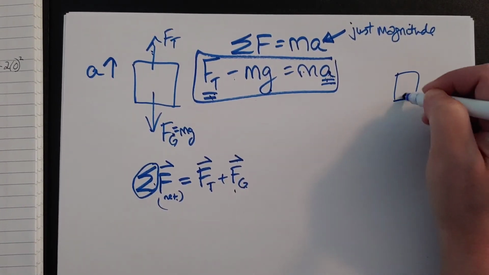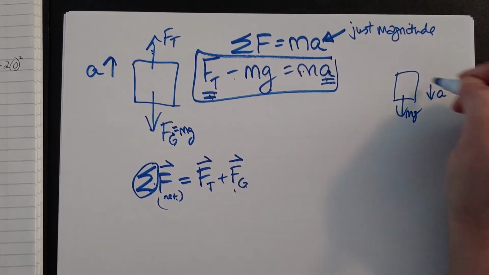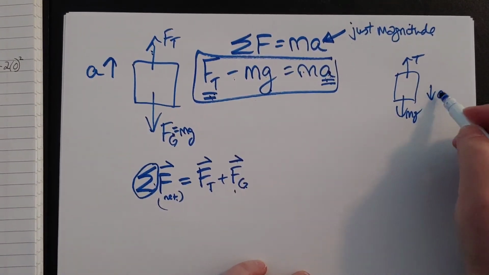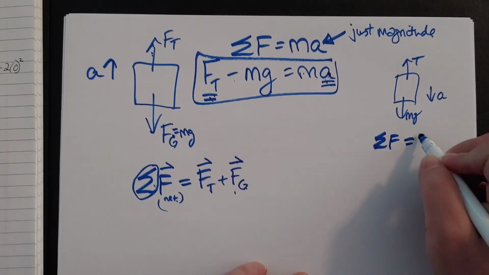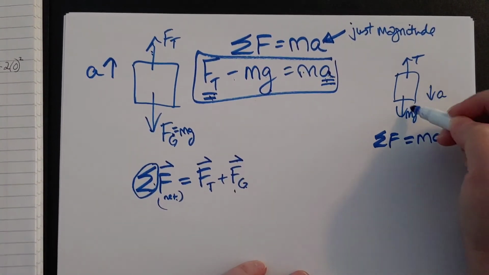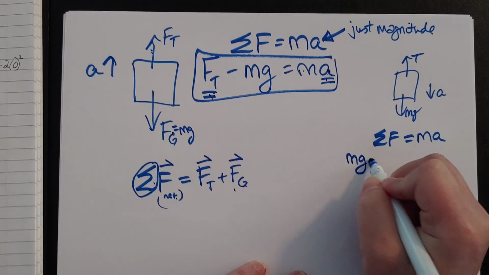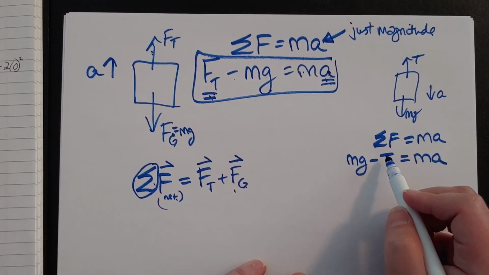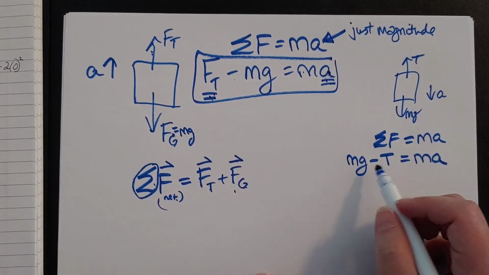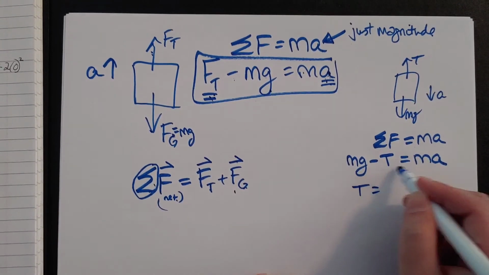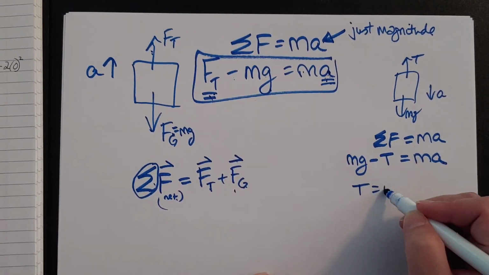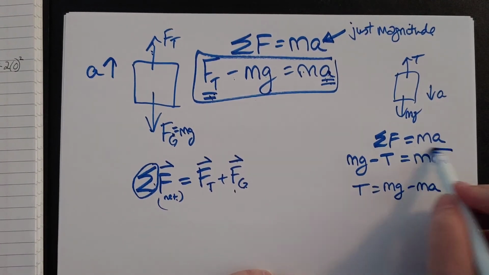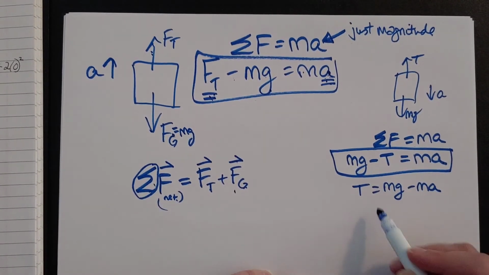And so then in your part B, where your acceleration was down, then you said, okay, my net force is ma. My net force now I should write as mg minus T. And even if you were able to reason through this and eventually write something like, T equals mg minus ma, this is physics.